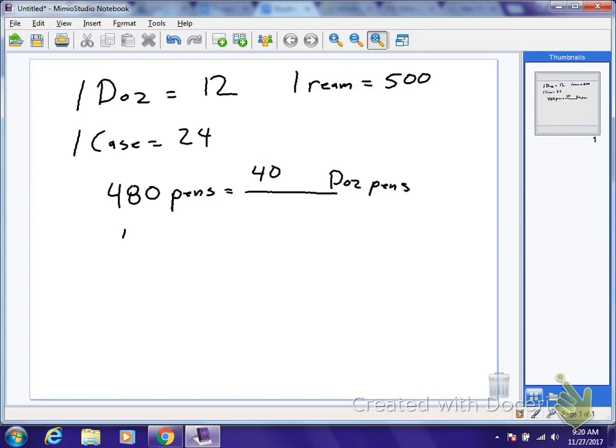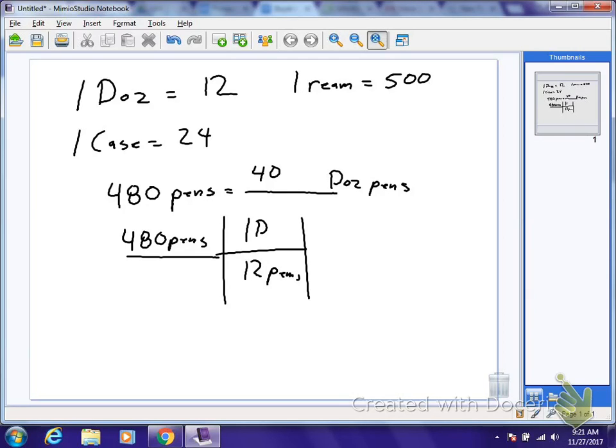And then you would go, well, there's 480 pens in total. And I know when I convert that for every 12 pens, I have 1 dozen of pens. So when I divide it out, I get 40 dozen. Any questions with that? Pretty easy, right?